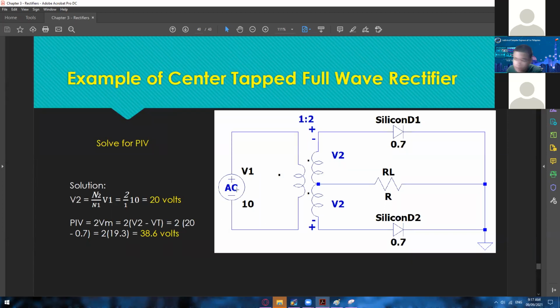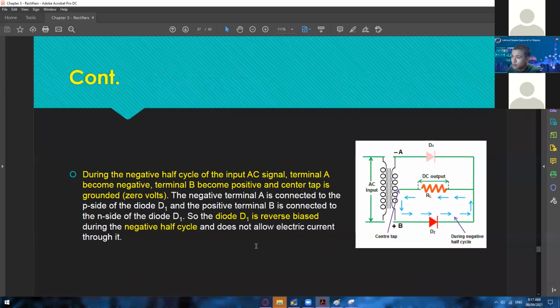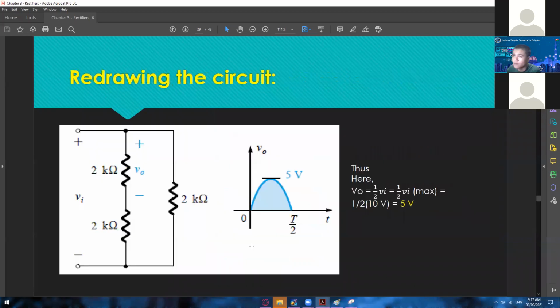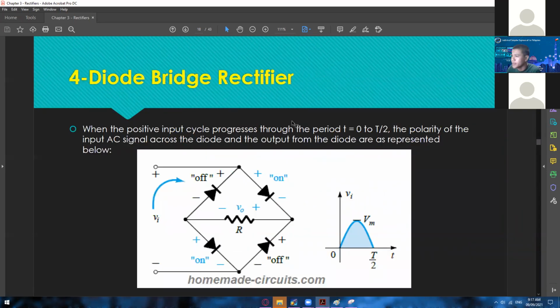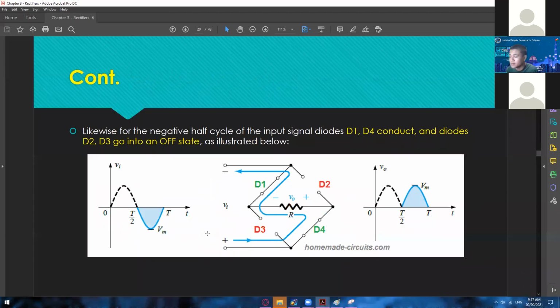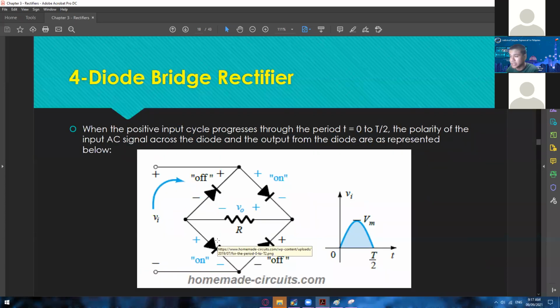Any questions so far? Are you guys able to follow? And why do we have this value right here? In other words, this four-diode bridge rectifier will give us a positive and negative cycle, or a full waveform, but it doesn't have the capability to increase the value.